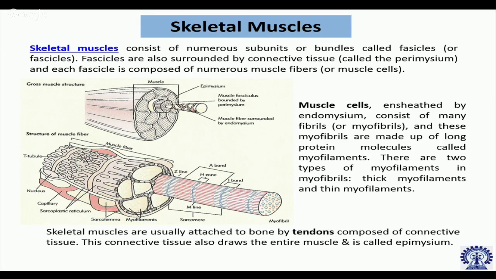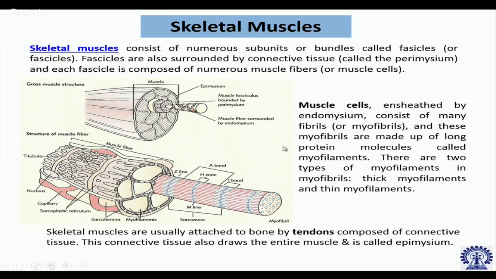Now, these muscle cells consist of many fibrils or myofibrils, and these myofibrils are made up of long protein molecules called myofilaments. You can see some of this in this picture.